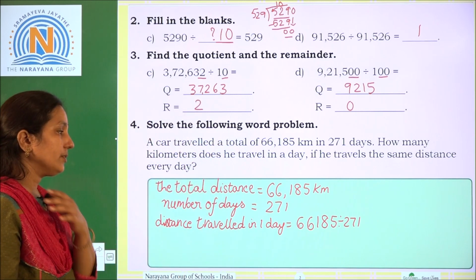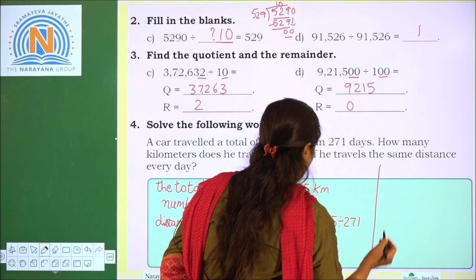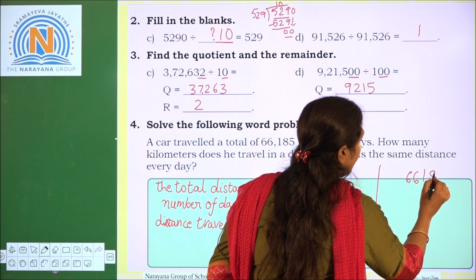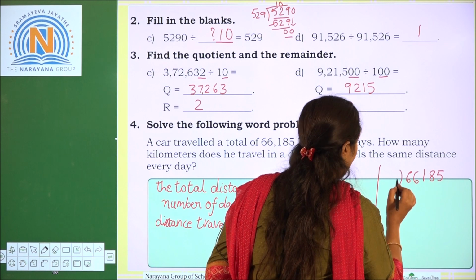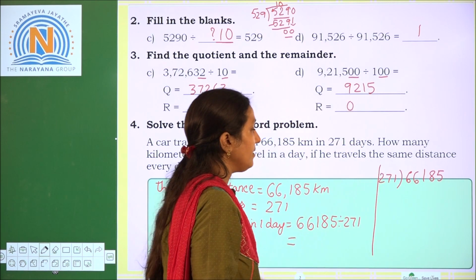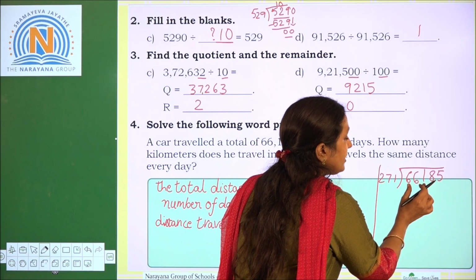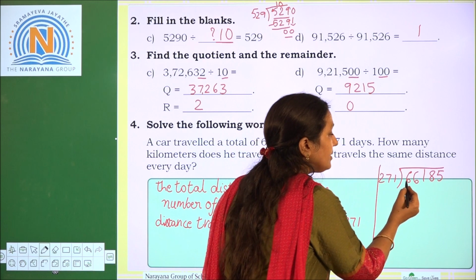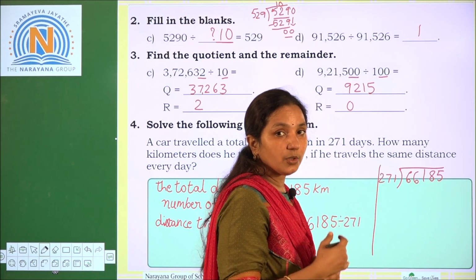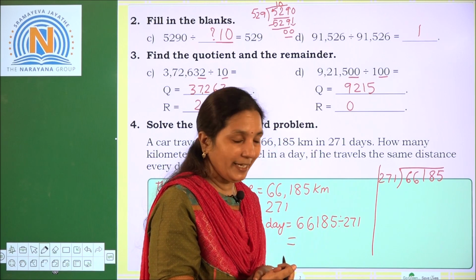Okay children, now we have to divide 66,185 by 271. Here a 3-digit number is given in the divisor, so we have to take a 3-digit number here. So here 661 is greater than 271. So you have to think how many times we can divide approximately.